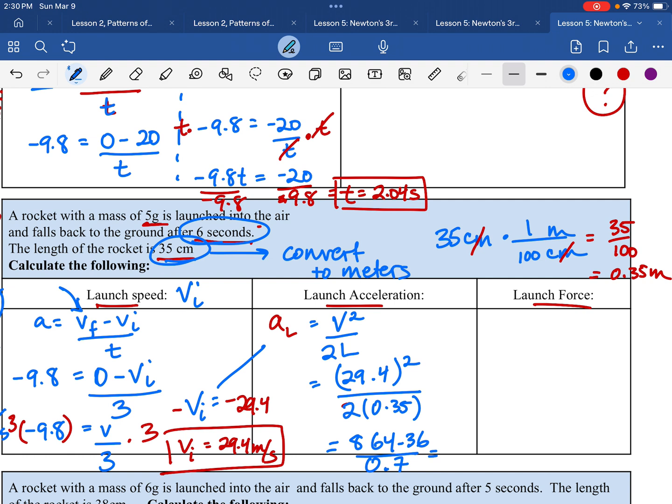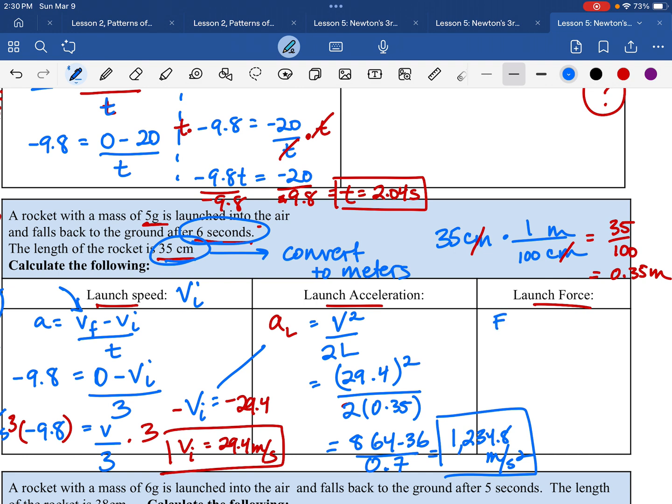Okay, I got 1,234.8, and it's an acceleration, meters per second squared. Wow, that is some impressive acceleration. So those paper rockets do accelerate really fast from the time they're on the bottom of the tube to the top of the tube because there's so much air pressure.